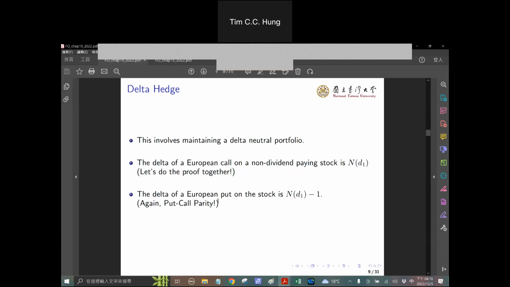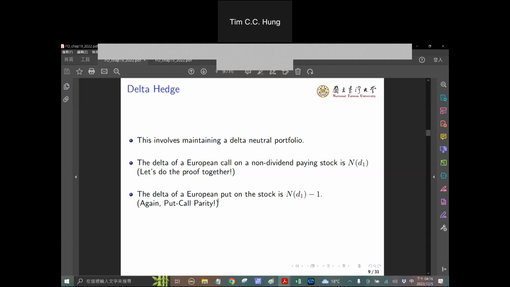So that's the point. Now, first, what do we do? Is there anything we can do with partial N of d1 over partial S0 and partial N of d2 over partial S0? Partial N of d1 over partial S0 can be rewritten as partial N of d1 over partial d1, times partial d1 over partial S0.